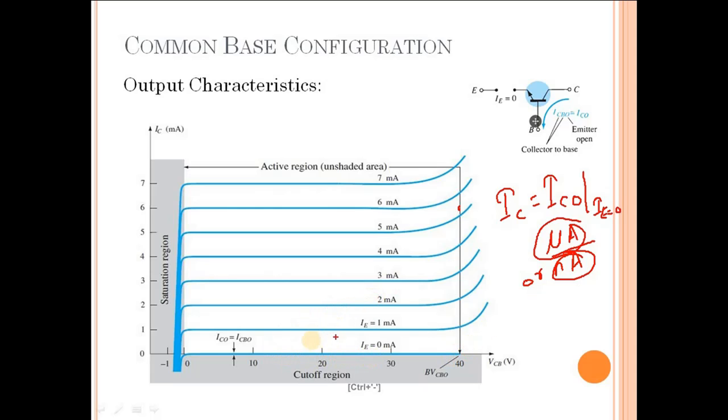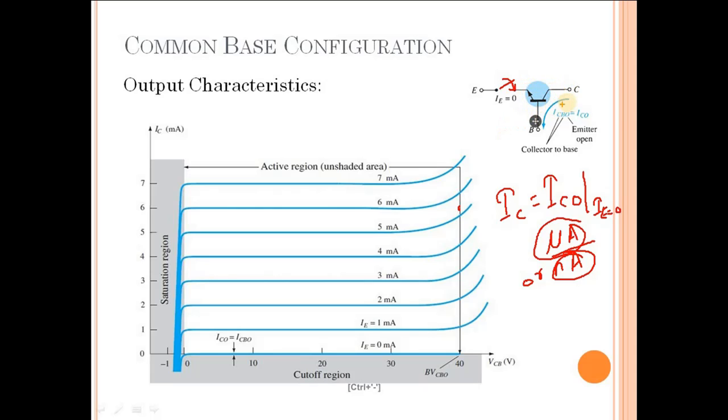Then when we increase the IE, let's say to 1 milliampere, we have made this circuit closed. So in that case, the majority charge carriers can move from the emitter layer to the base layer, so the majority charge carriers are now contributing to the collector current.